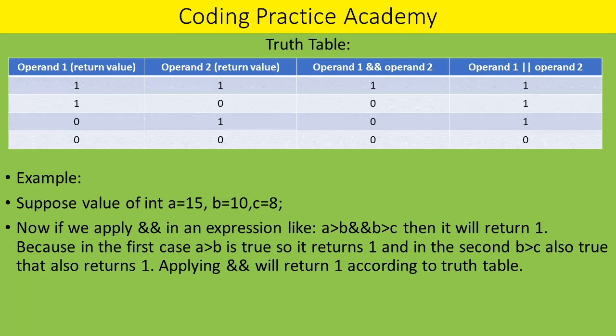Because in the first case A greater than B is true because A value is 15 and B value is 10, so it will return true. And in the second case B greater than C is also true because B value is 10 and C value is 8. So it returns 1. Now applying AND will return 1 according to the truth table.